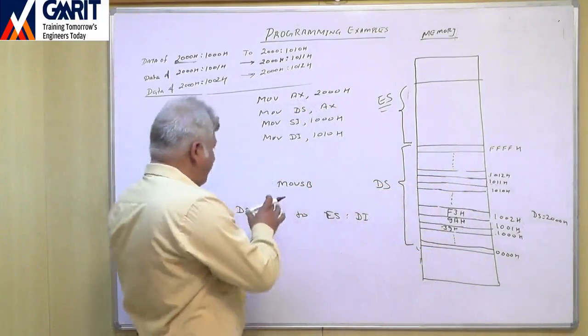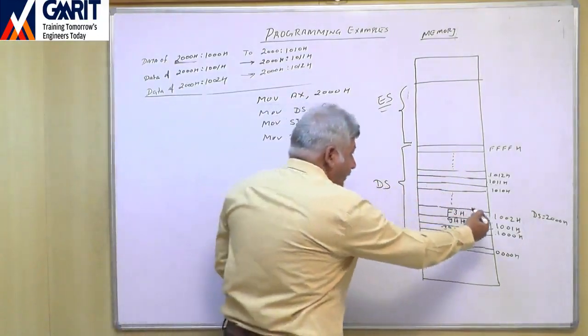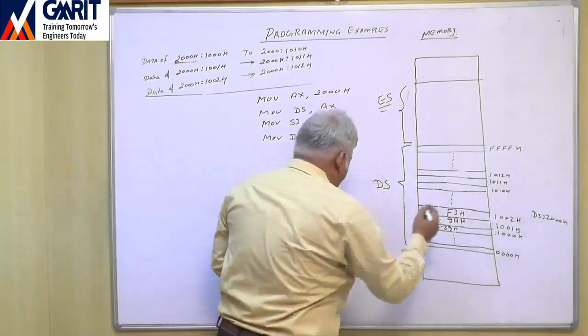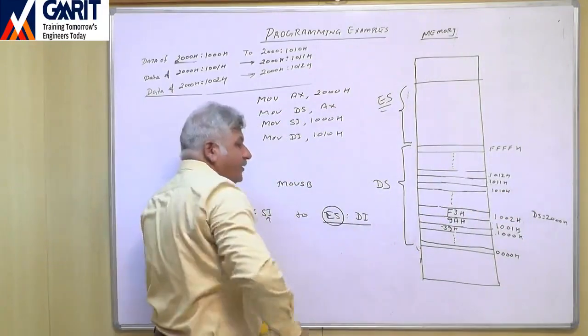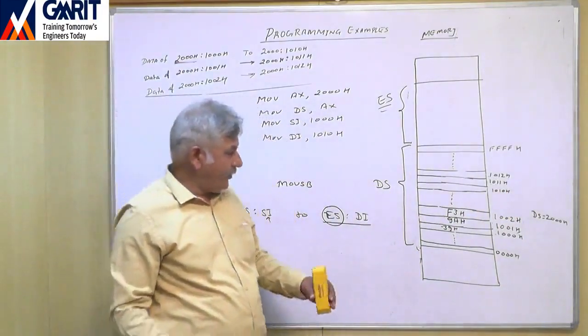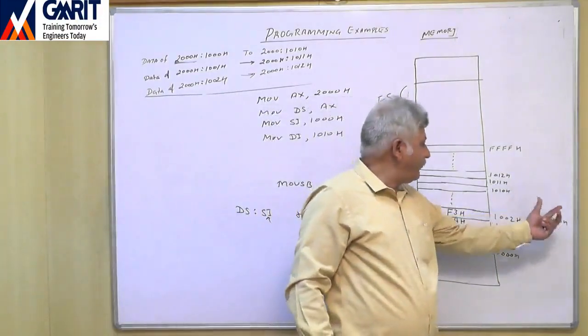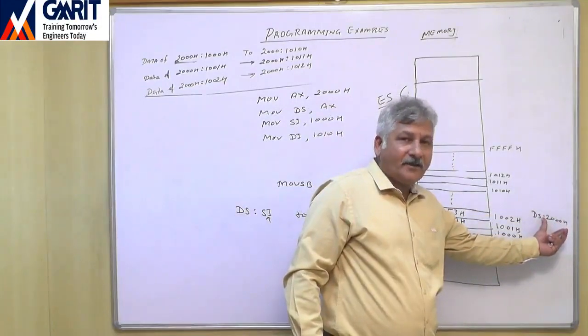But when we use a string instruction, where exactly we are transferring our data, that physical address will be calculated by using the ES register, the extra segment register. So here the segment address will be same as the data segment, but we have to initialize that ES register also.